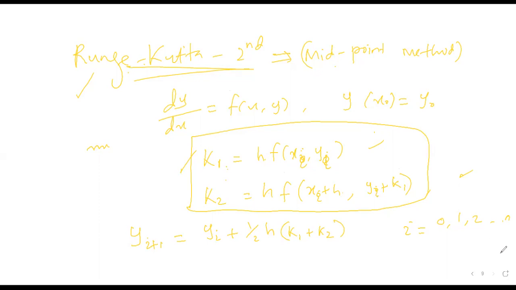Okay, let me go for the fourth order. So we say Runge-Kutta fourth order, okay? Let's say our equation is dy over dx equal to f of x comma y, which is the initial value problem.